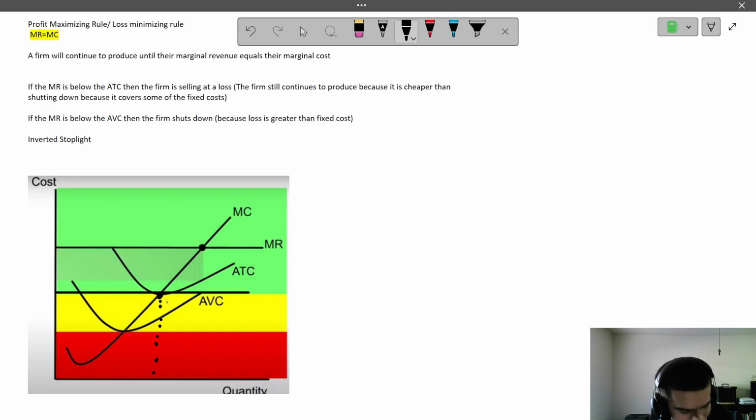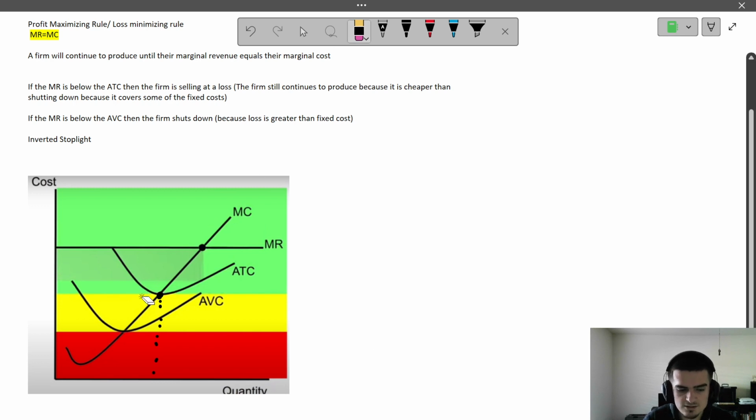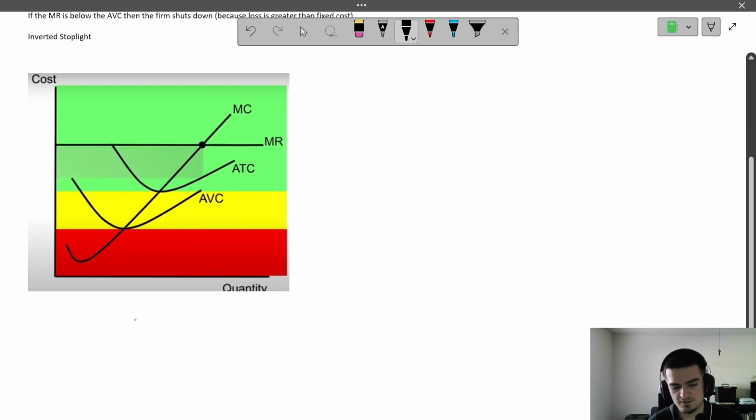Give me 1 second, I apologize. Yeah, it's economic profits. But yes, they aren't making an economic profit, but they'll continue to produce, right? Perfectly competitive markets don't make economic profits.